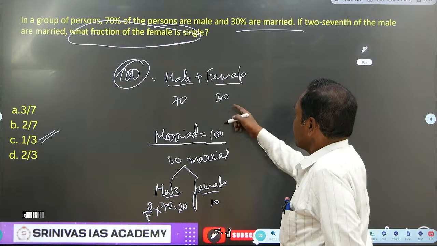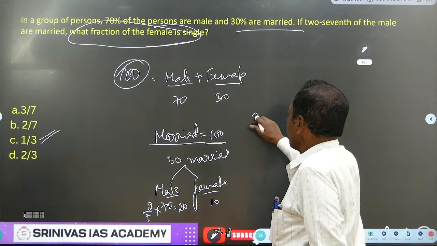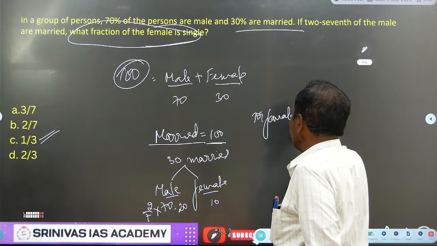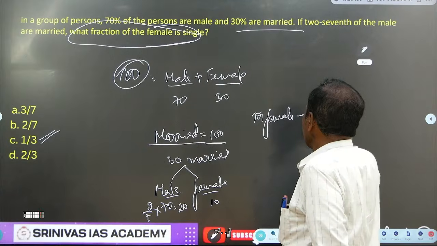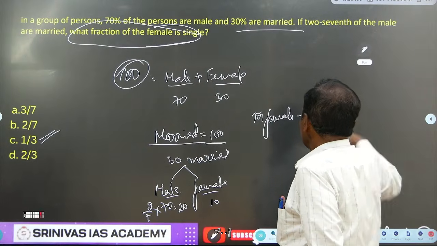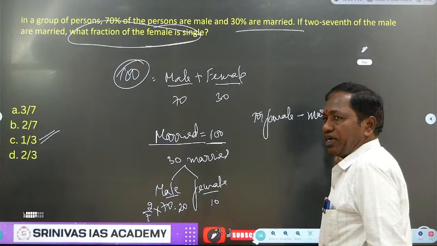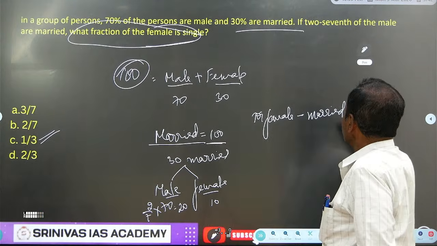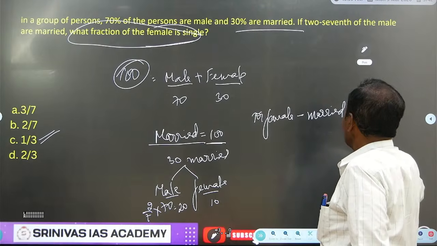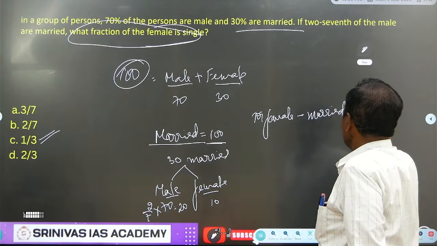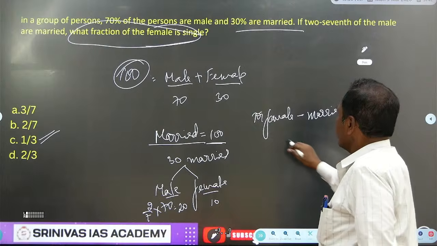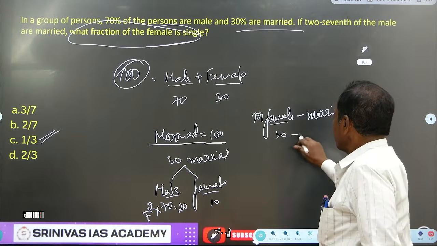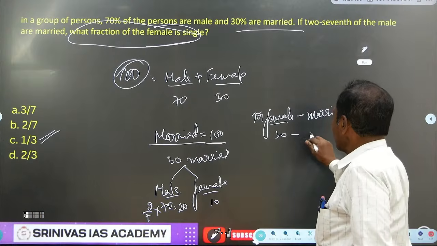Right. See, total female minus married female, 30 total, 20 married. Total female minus married female equals what? Single female. Correct? Total female is how many? 30. Minus married female, how many? 10.